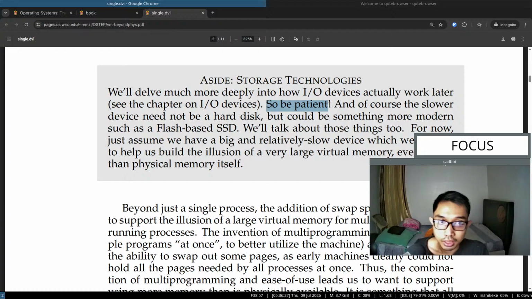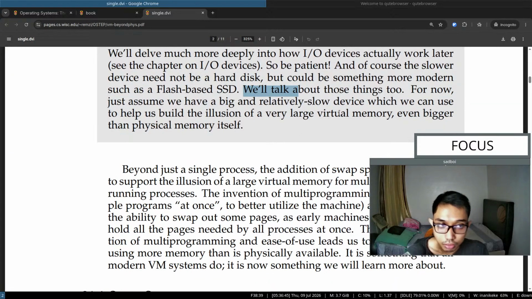So be patient. And of course, the slower device need not be a hard disk, but could be something more modern such as a flash-based SSD, solid-state drive. We will talk about those things too.